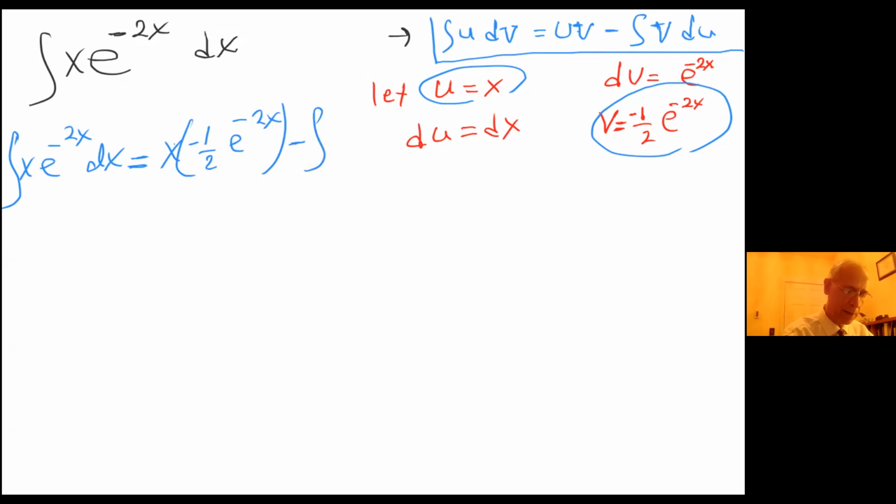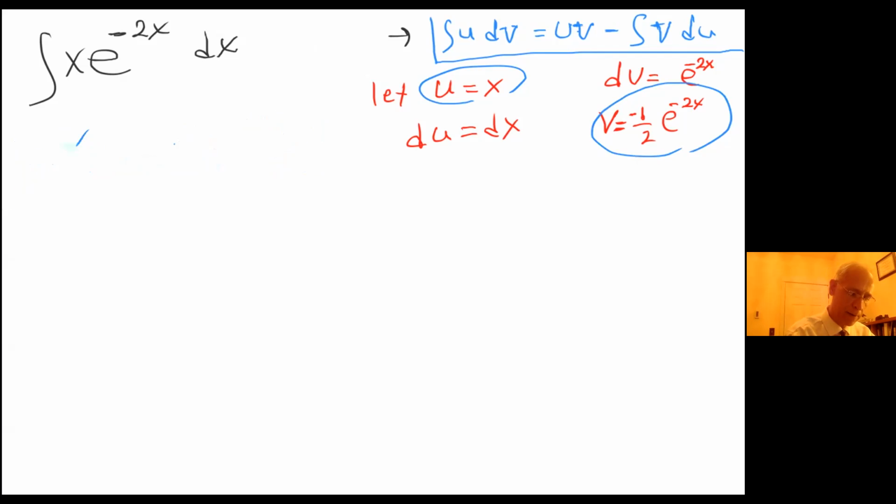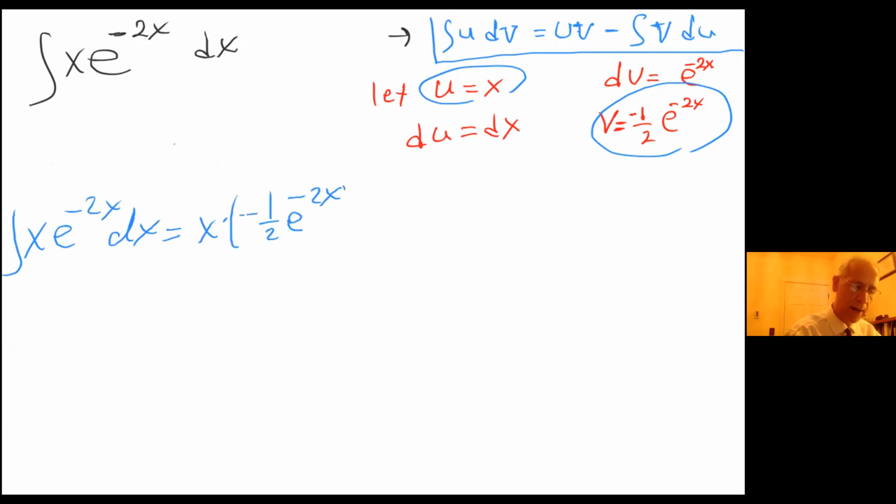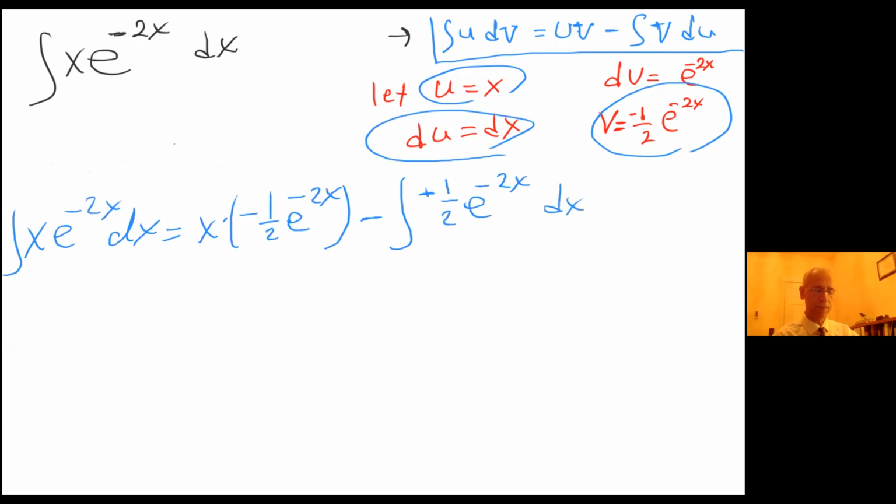So maybe I'll write that a little bit farther down for the sake of fluency. Integral of x e to the minus 2x dx equal u times v, -1/2 e to the minus 2x, minus integral of v, which is -1/2 e to the minus 2x, times du, which is same as dx.